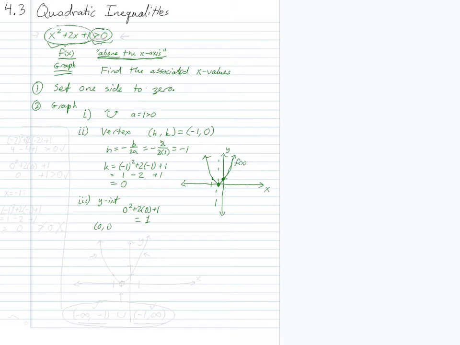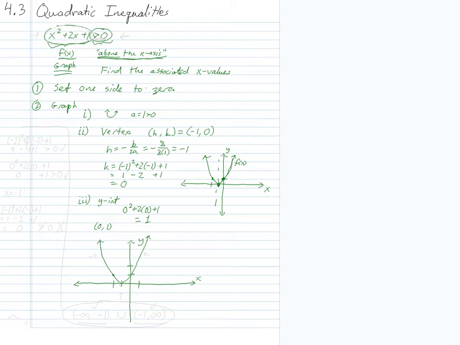Alright, so let me graph this again, only copying down the parts that actually satisfy the inequality. Okay, so this piece off to the right lies above the x-axis. So does this piece coming off to the left.